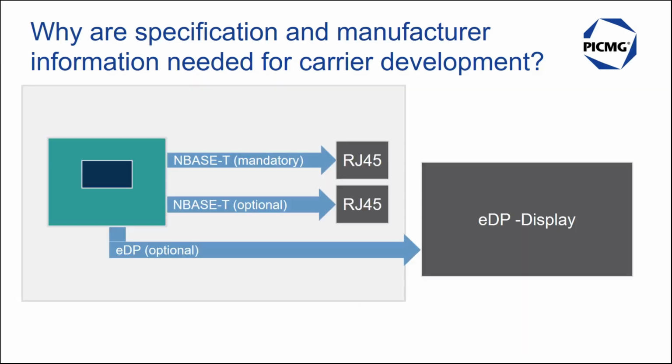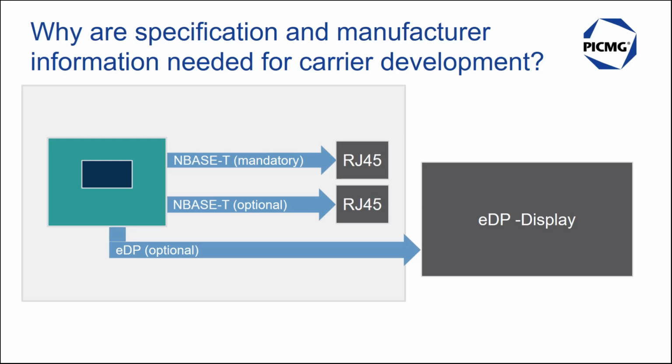There is a general overview of the functions which describes which functions each COM-HPC module must have. Many of the functions described are optional or can be implemented in a scalable way. As an example, I'll take N-base-T Ethernet. A COM-HPC Mini or COM-HPC client module must support at least one N-base-T port.